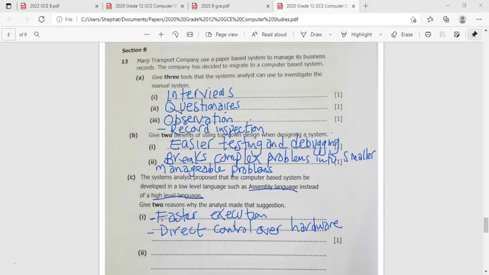Then they also require low memory, low memory compared to high-level language. High-level language, the instructions are so many, so you need a huge memory for execution.